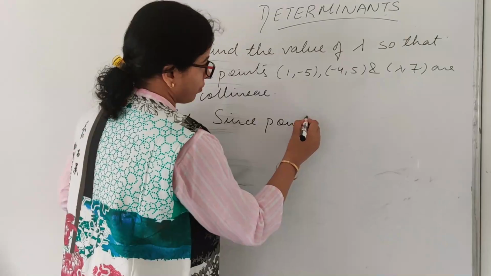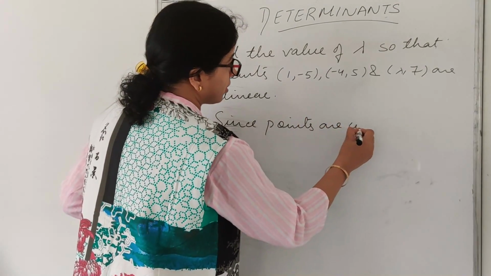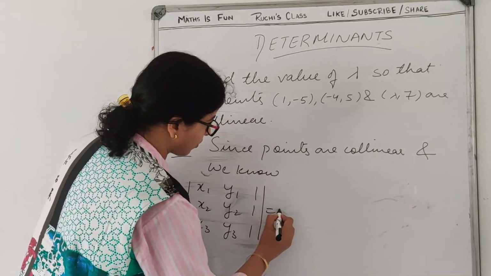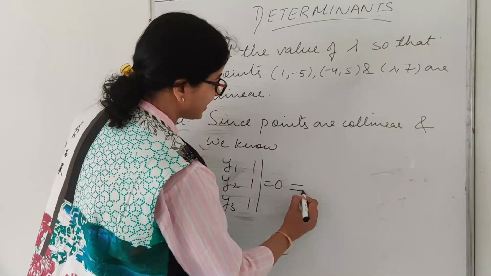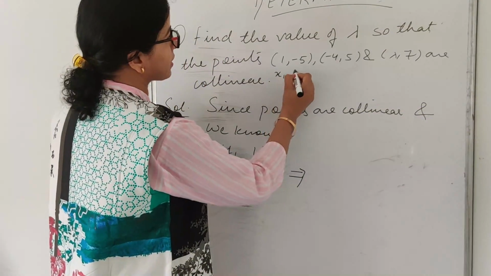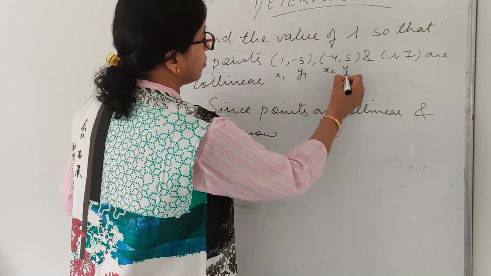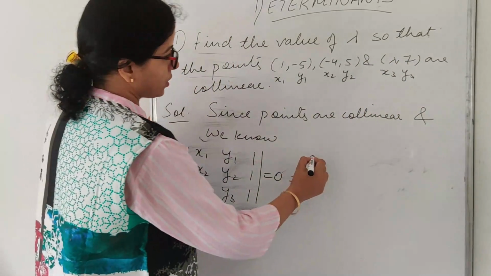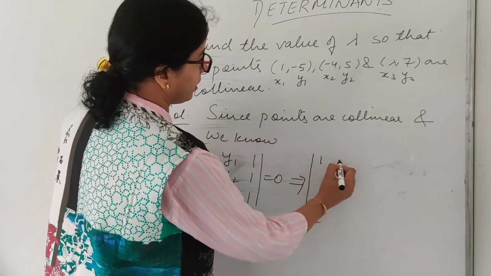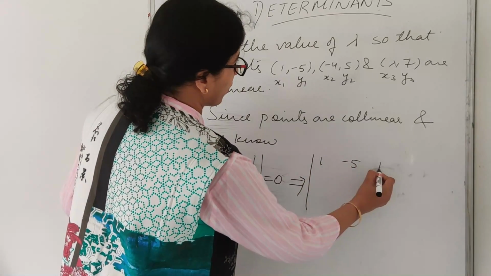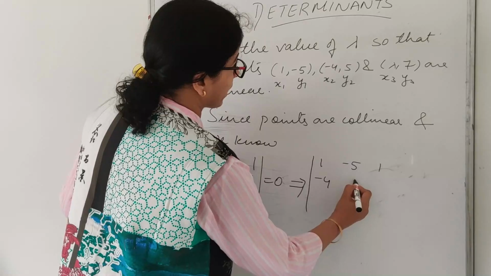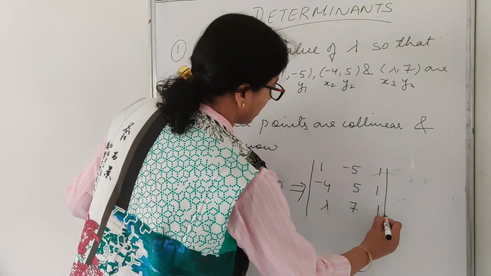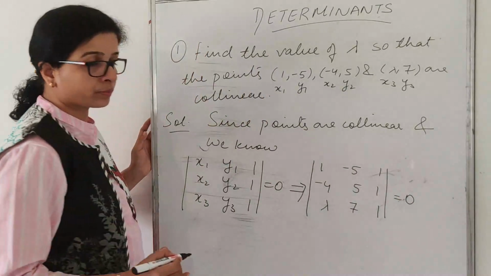Since the points are collinear, the determinant of x1 y1, x2 y2, x3 y3 with a column of ones is equal to 0. Substitute: 1 -5 1, -4 5 1, lambda 7 1 equals 0.